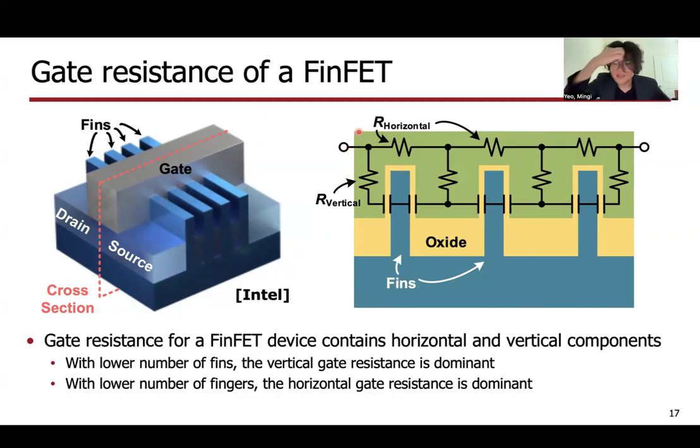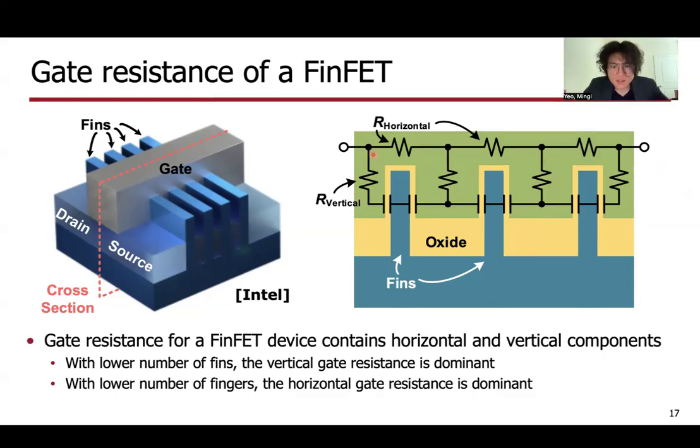The gate resistance for a FinFET device consists of vertical resistance components and horizontal components. At a lower number of fins, we have fewer vertical components in parallel, so the vertical gate resistance will be dominant. But at a higher number of fins and lower number of fingers, more vertical components will be put in parallel such that the effect of the vertical gate resistance is decreased.